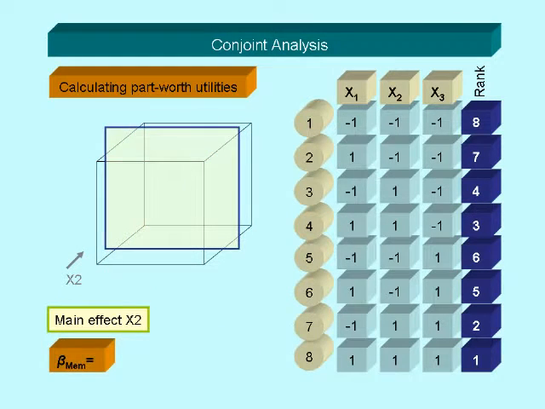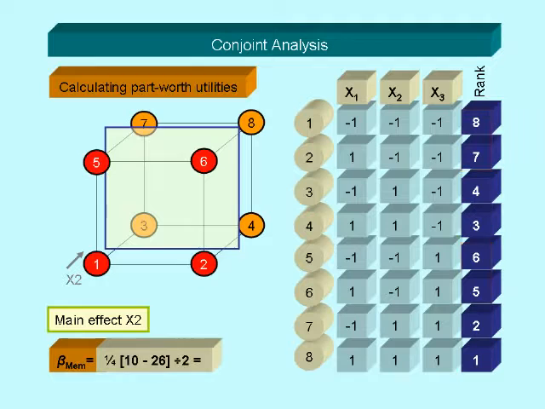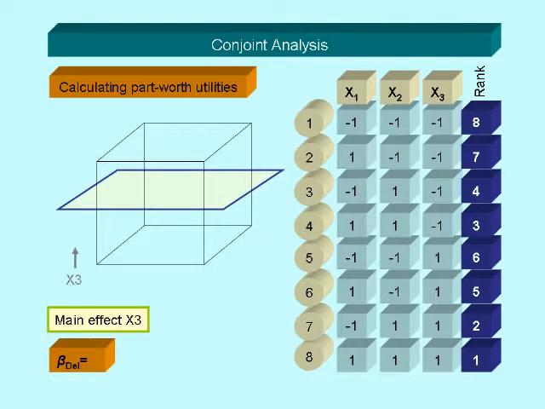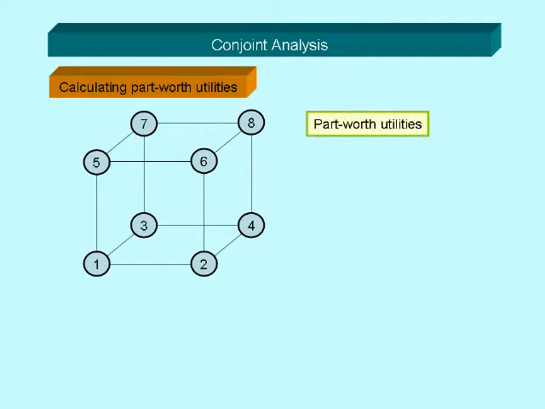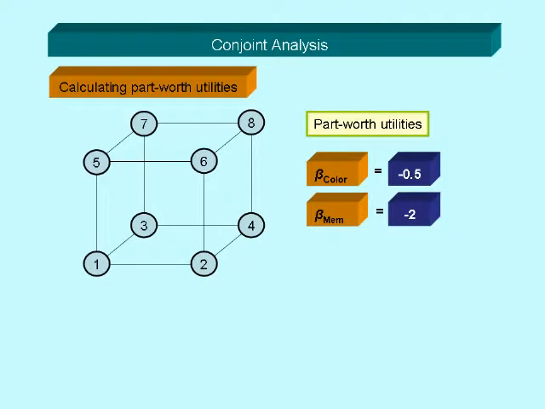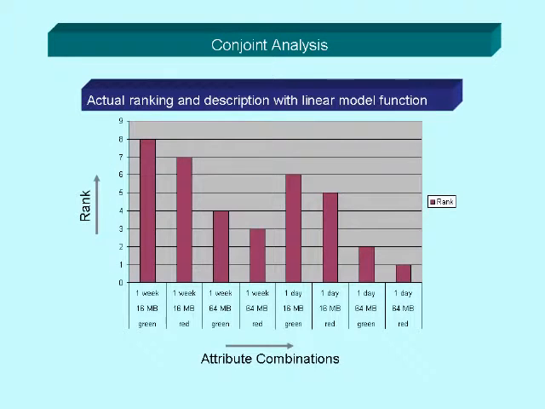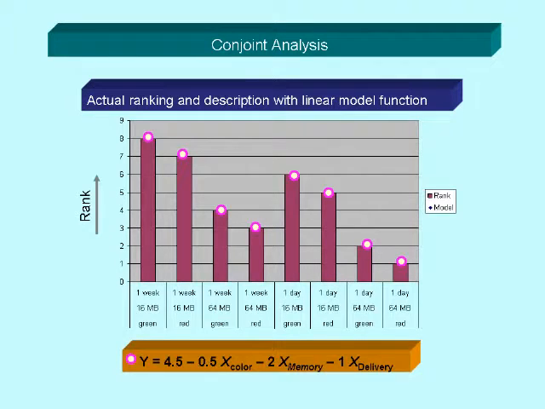In the same way, we proceed for the other two dimensions. As a result, we get the wanted part-worth utilities for color, memory, and delivery. The ranking calculated with the model function fits exactly the actual ranking.